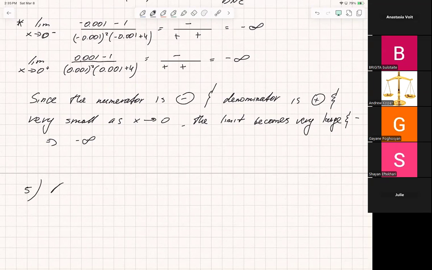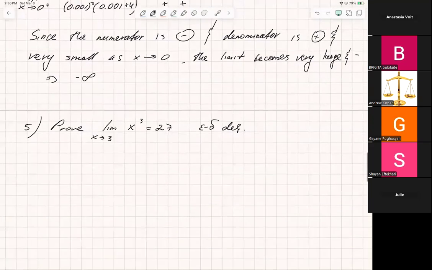Okay, sure. Let's do then: prove that the limit as x approaches 3 of x cubed equals 27, using the epsilon delta definition. Okay, all right.